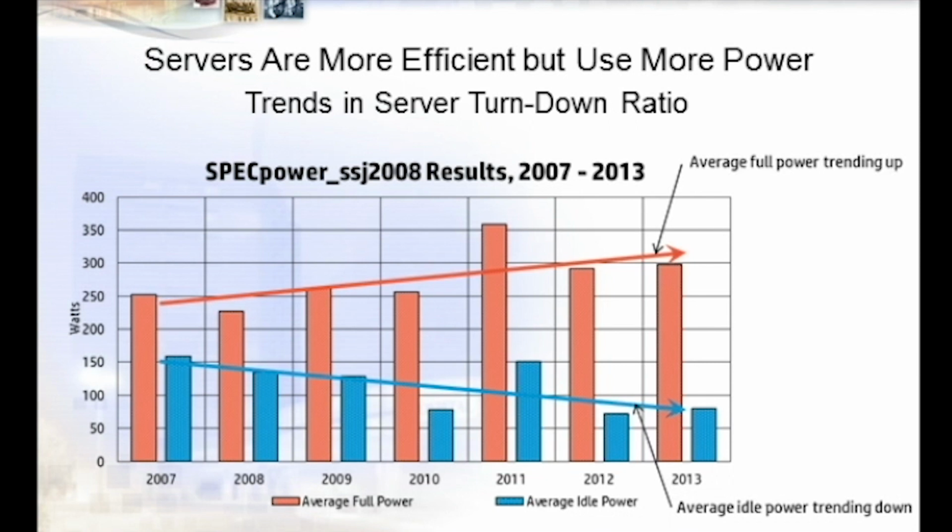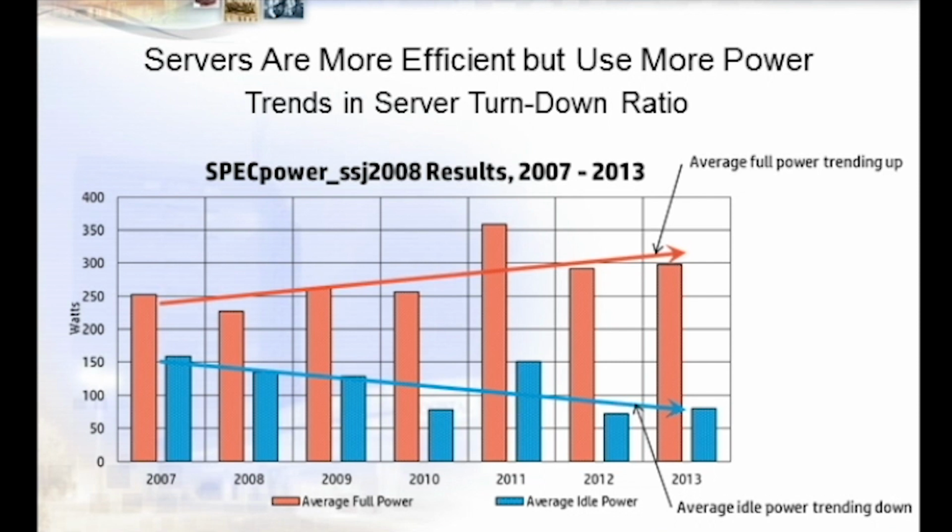So this gives a kind of turn down in terms of what the server can do in relation to the amount of energy it uses at a low P state, low power state, versus its full capacity. But one other thing off this graph that's worth mentioning is where the maximum full power is headed.